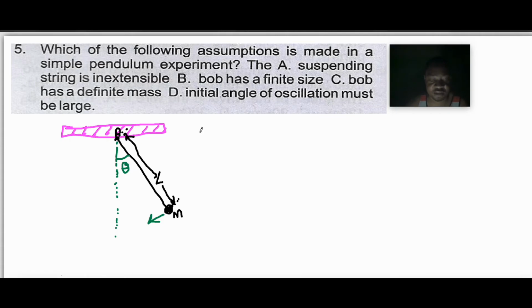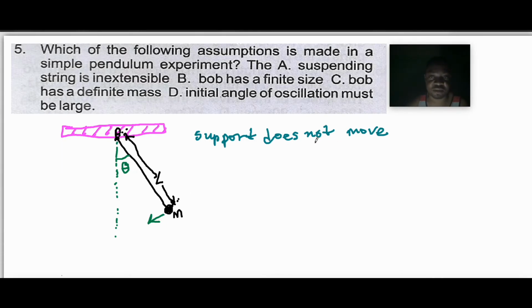So I'm going to start from the very bottom, then we'll move up, because from these assumptions we're able to get the right answer from the given options. So the first one says the support does not move. The support or the pivot does not move while you're carrying out a simple pendulum experiment.